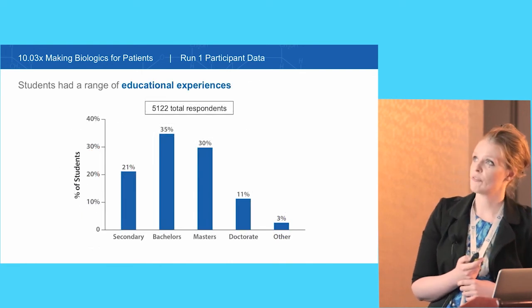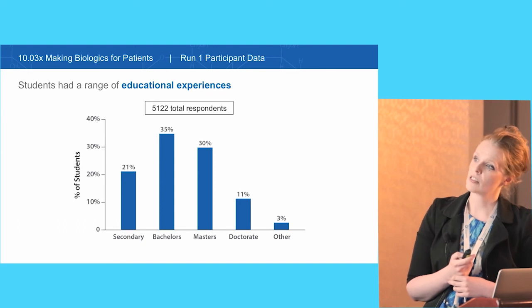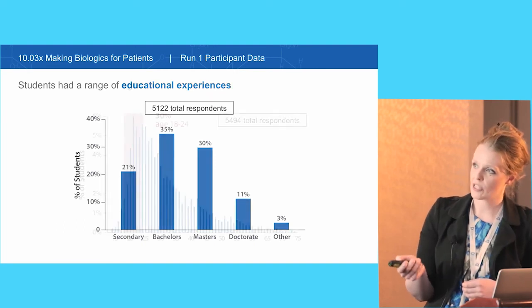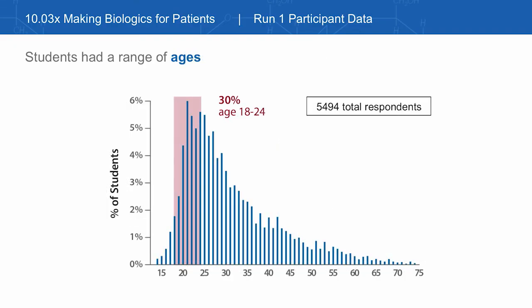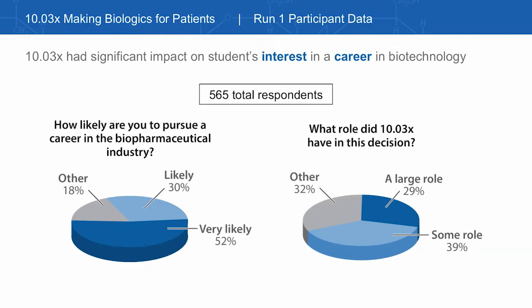Students had a wide range of educational experiences, with the majority of them having bachelor's or master's degrees, and a wide range of ages as well, from 15 to 74, and 30% of them were age 18 to 24. And as I said in the beginning, the course was made possible with a grant from the Amgen Foundation, so a really important aspect to look at was how likely were participants to pursue a career in the biopharmaceutical industry.